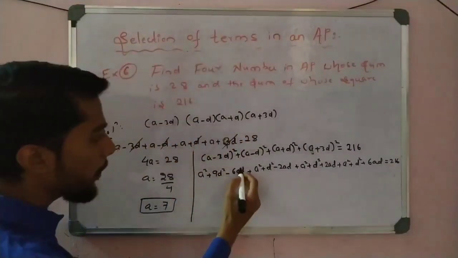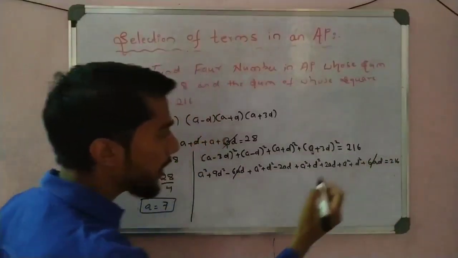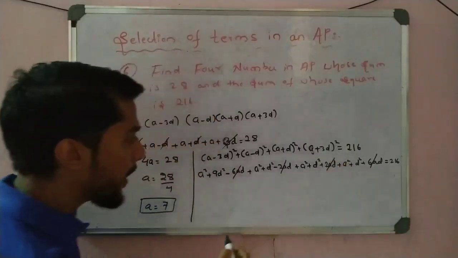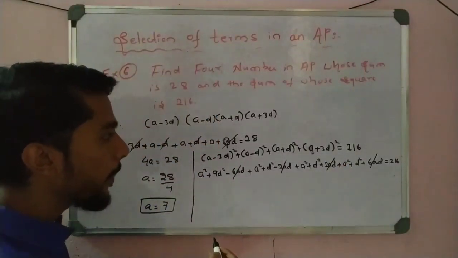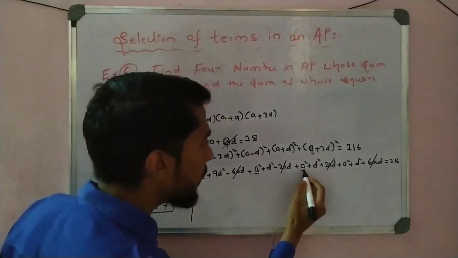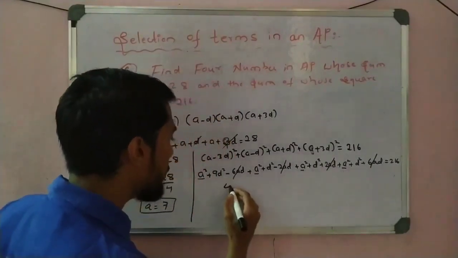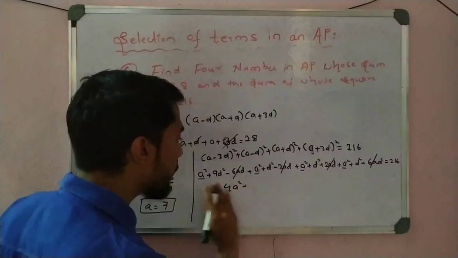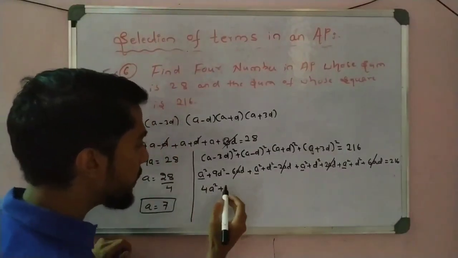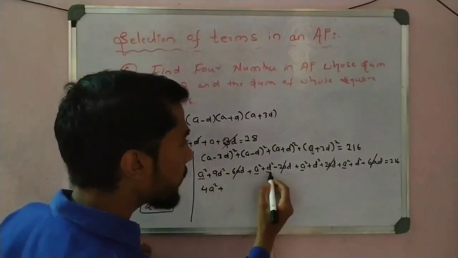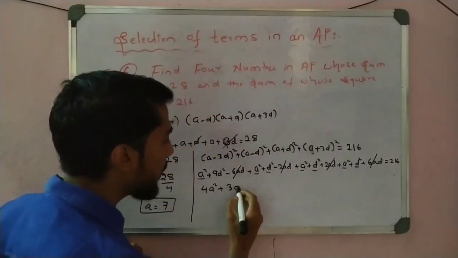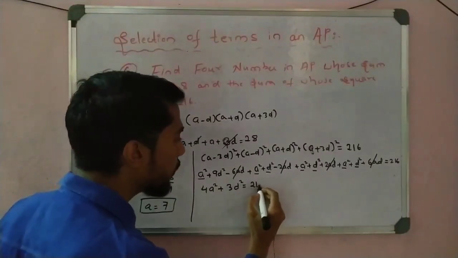So minus 6ad and plus 6ad cancel, and minus 2ad and plus 2ad cancel. I can see here a square 4 times, and d square, 9 plus 9 plus 1 plus 1, is equal to 216.